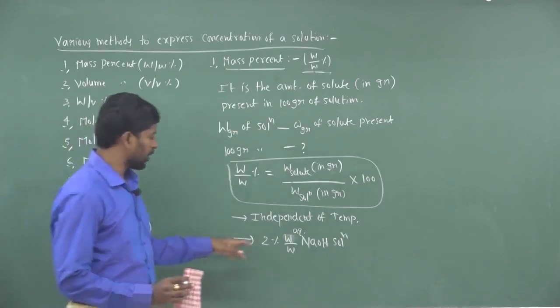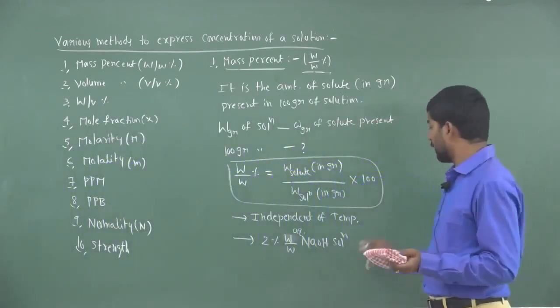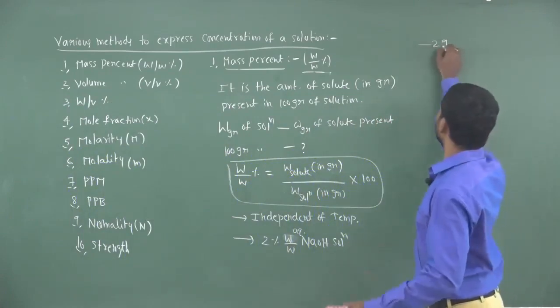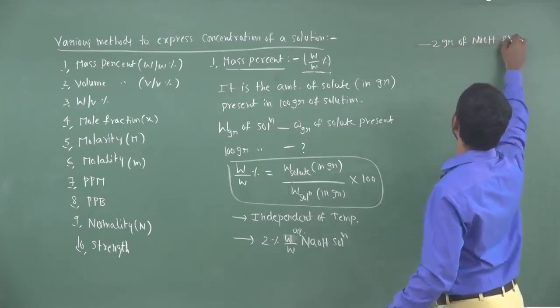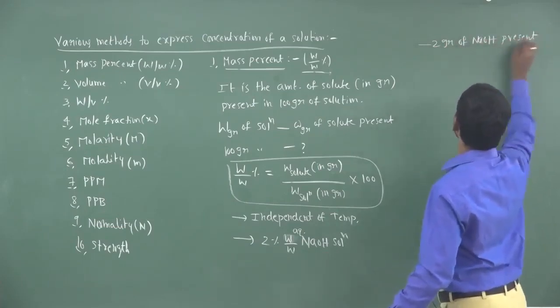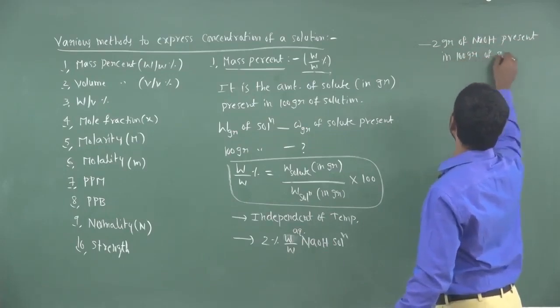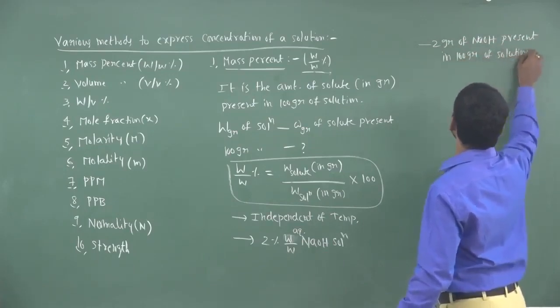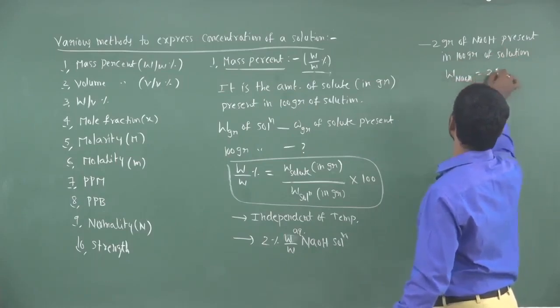What is the meaning of this? How many grams of NaOH present in 100 grams of solution? 2 grams of NaOH. So the meaning is 2 grams of NaOH present in 100 grams of solution. Therefore weight of NaOH is 2 grams.